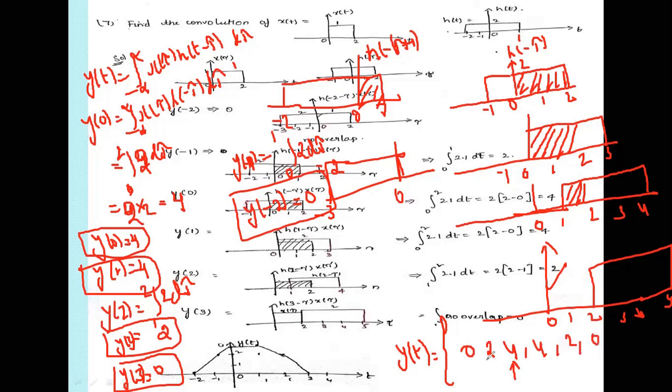So at minus 2 the value is 0, at minus 1 the value is 2, and at 0 the value is 4. And at 1 the value is also 4 because it is constant. At t equal to 2 the value is 2, and at t equal to 3 the value is 0. It goes on increasing, then is constant, and then decreases. Got it, my dear students?